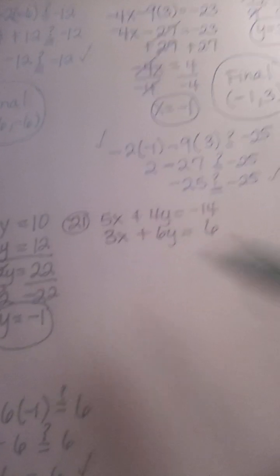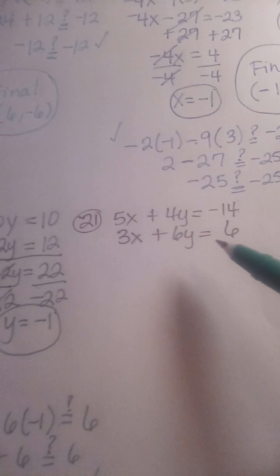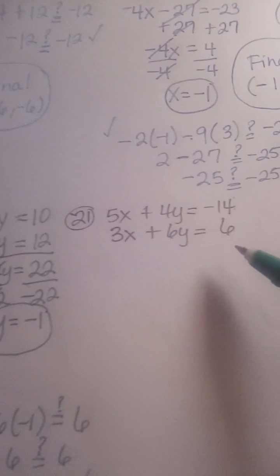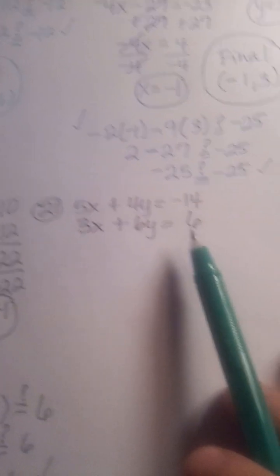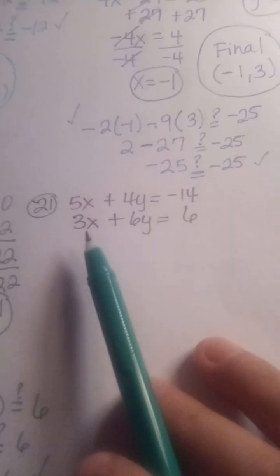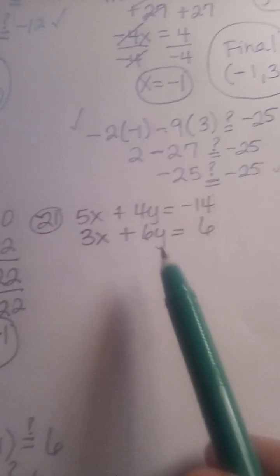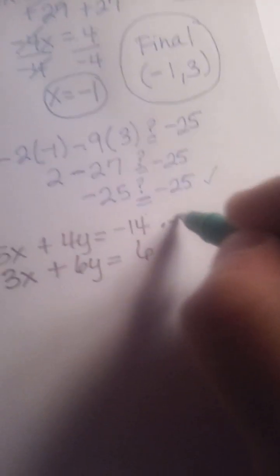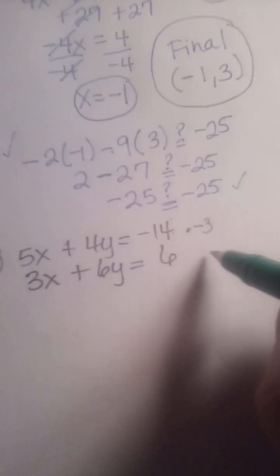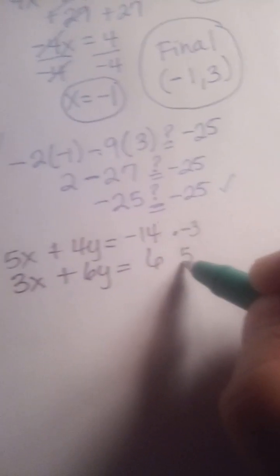We apologize. I'm back. So we have 5x plus 4y equals -14 and 3x plus 6y equals 6. We could do the x's or the y's. Let's try the x's. I'm going to multiply the first one by -3, the second one by a positive 5.